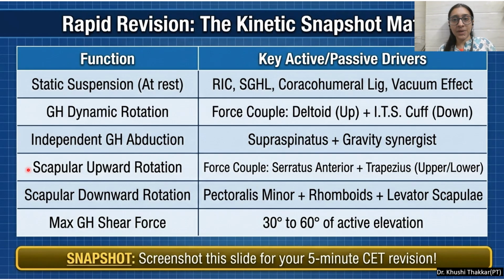Both the upper and the lower trapezius participate in this. Scapular downward rotation is provided by the pectoralis minor muscles, rhomboids and the levator scapulae. Maximum glenohumeral shear force occurs at 30 to 60 degrees of clavicle elevation. Just snap this screenshot for your 5 minute CET revision.